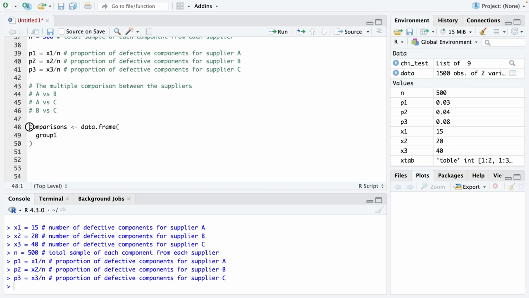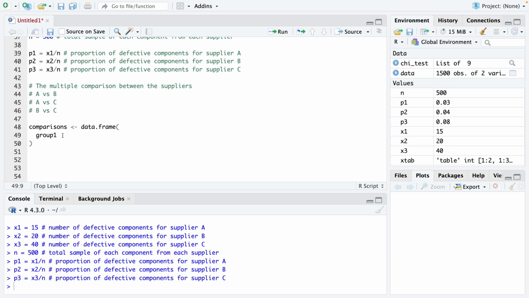Now we can proceed with creating that table using the data.frame function. Our group one would basically be all of these first ones here, so A, A, and B will be in our group one, because we're starting with comparing them against group two. Then this and this is our group two.